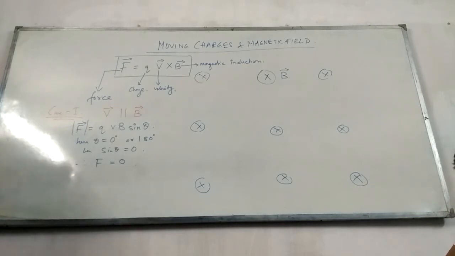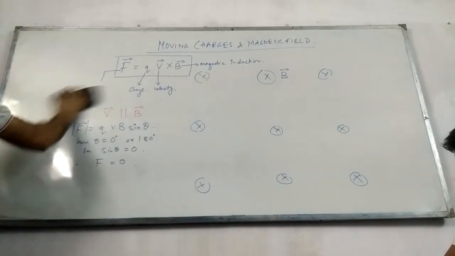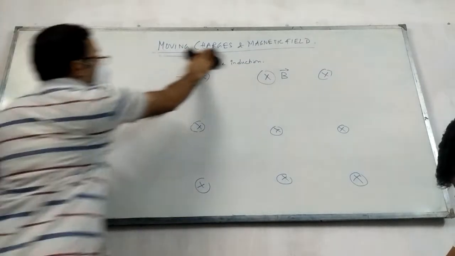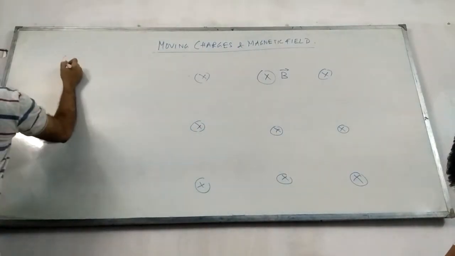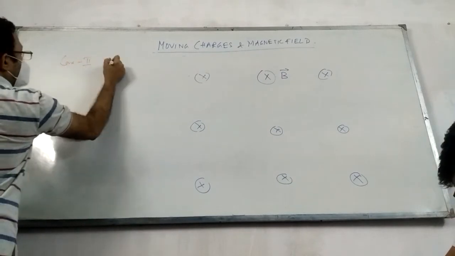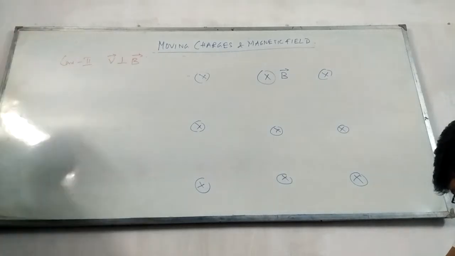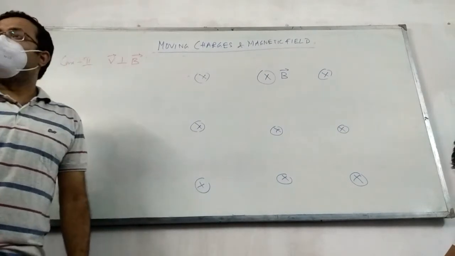What's our case 2? Case 2: when v is perpendicular to B. Listen to it very carefully.